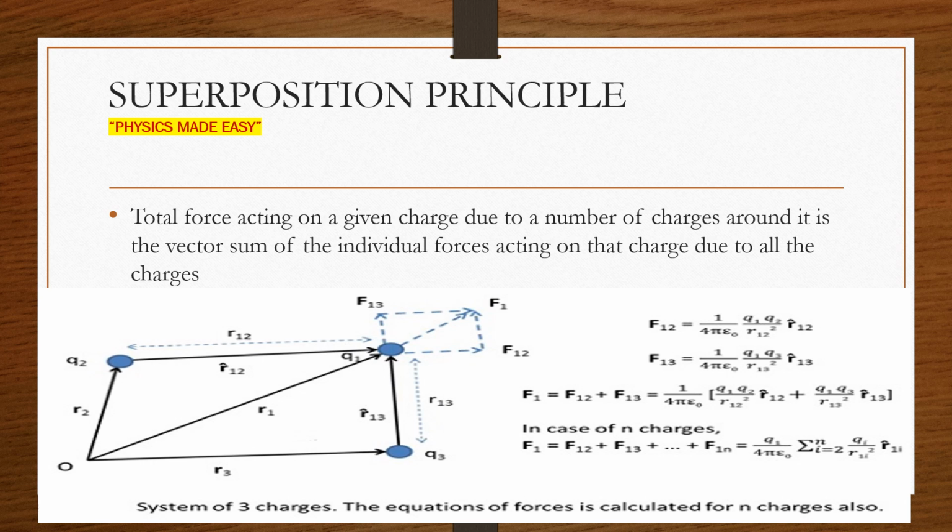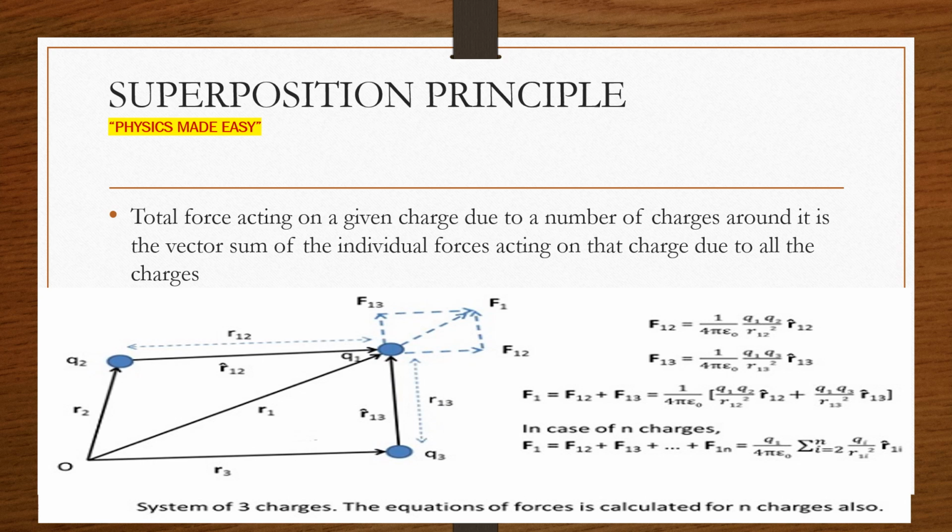Now using the principle of superposition, we can find the vector sum. Using the parallelogram law, we get the resultant force F1. So F1 is equal to F12 plus F13. By taking 1 by 4 pi epsilon naught common, we get the final answer.